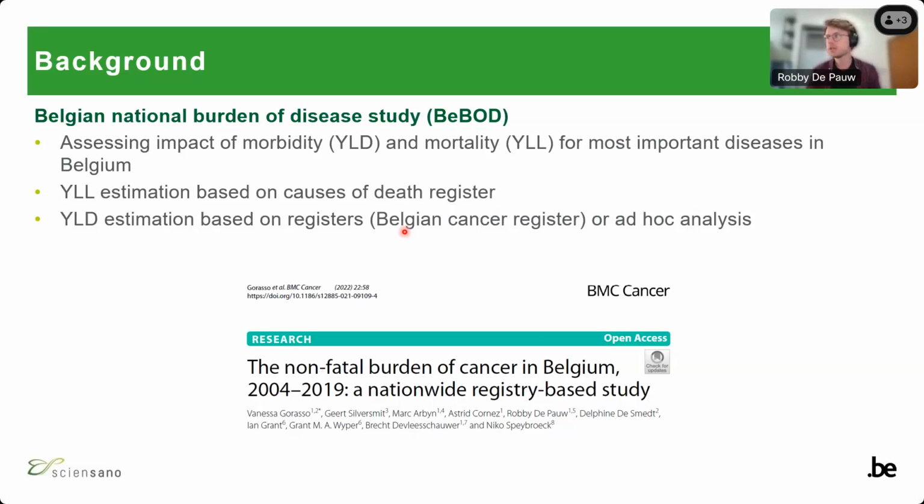And as in many other countries, cancer is one of the included groups, which has primarily a very high mortality rate, but also an important amount of morbidity associated with it.